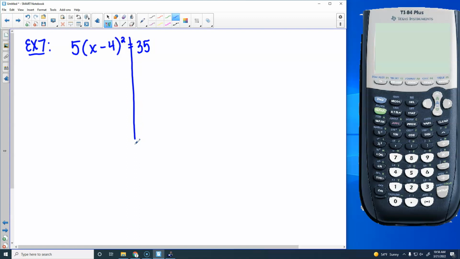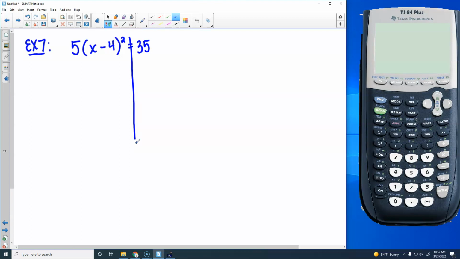Now, on this one, I see parentheses with a square on the outside of that parentheses. That tells me I'm probably at some point going to have to break this into two equations. But the first thing that I need to do here is I need to get that set of parentheses all by itself.